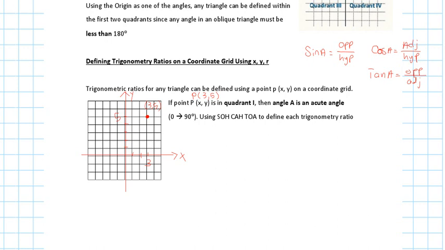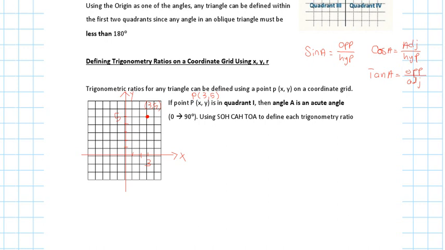Now, I located the point in my quadrant, right? I want to find the measurement of angle A, or the trig ratio of angle A. So I have to draw a triangle. I can't just have a point, right? Your triangle is always drawn from the origin to the point. So you always start by drawing a line from the origin to that point.